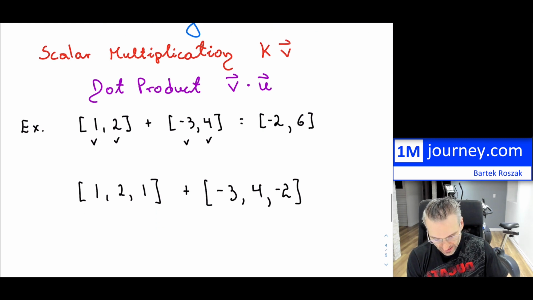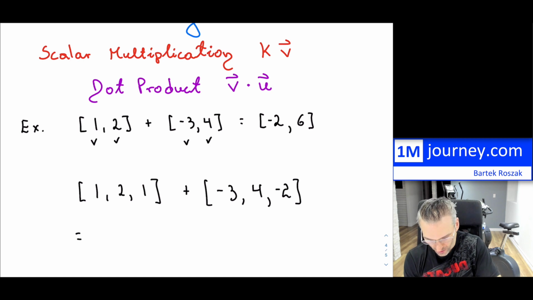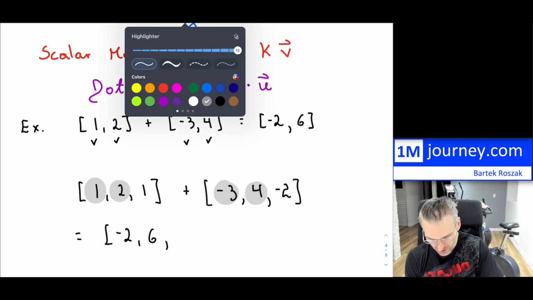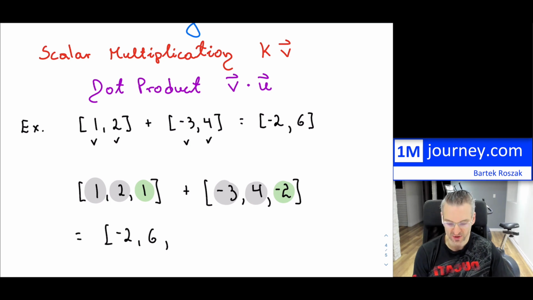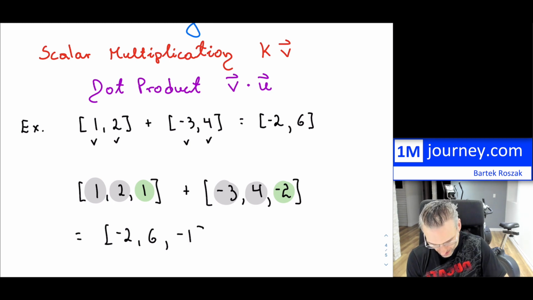Well, in this case, you once again are going to just simply take each component. These 2 we've already done, so we know that that is -2 and 6. And then your next component, which is on the z-axis, the 3rd dimension, you would do exactly the same thing. So it would be just 1 plus -2, which would have been -1.